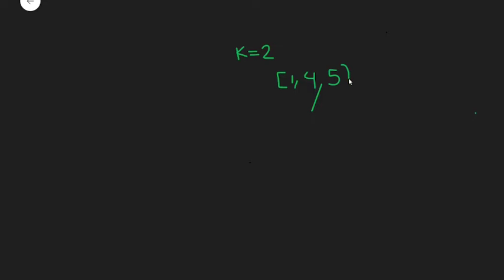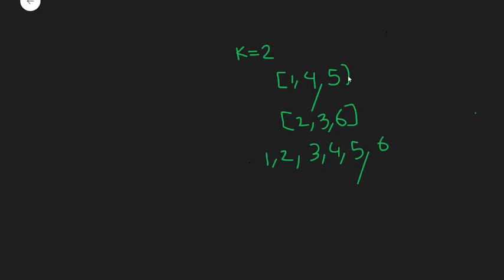Now let's say there is another linked list which contains 2, 3, and let's say 6. Now, what will be our final result? Our final result will be 1, 2, 3, 4, 5, and 6, right?